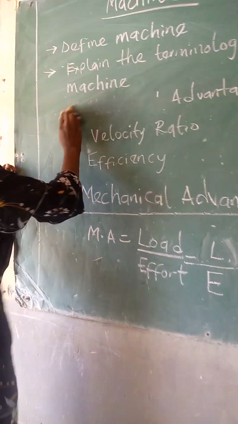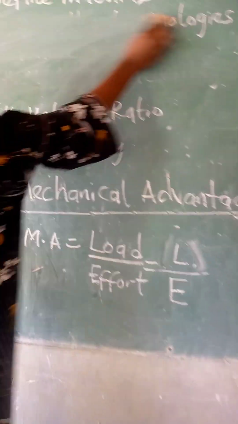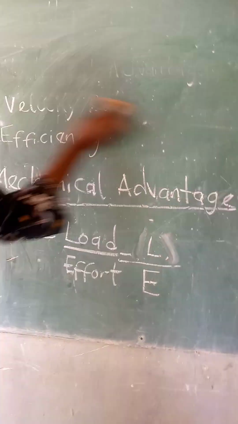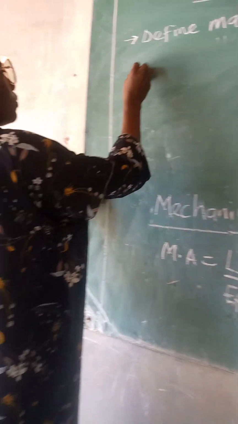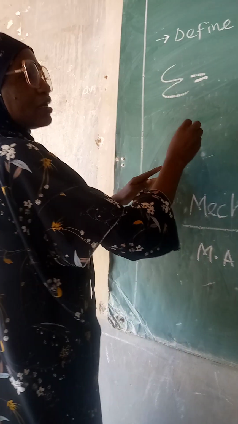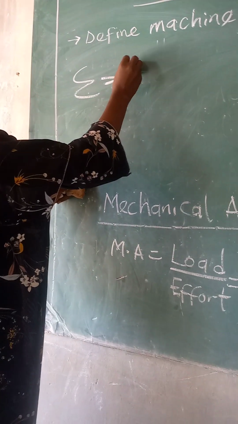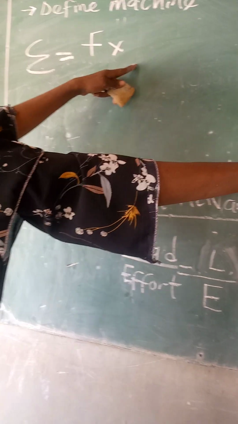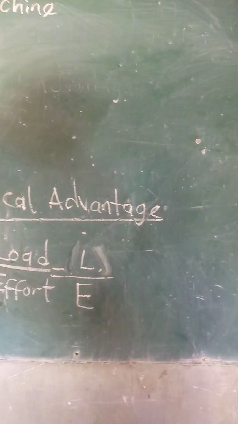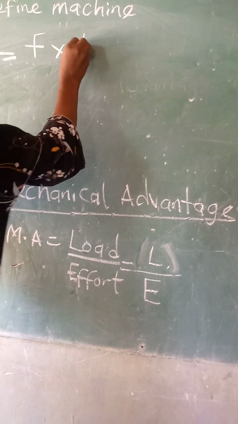So from there now we have this. Work output becomes force times distance moved by load.